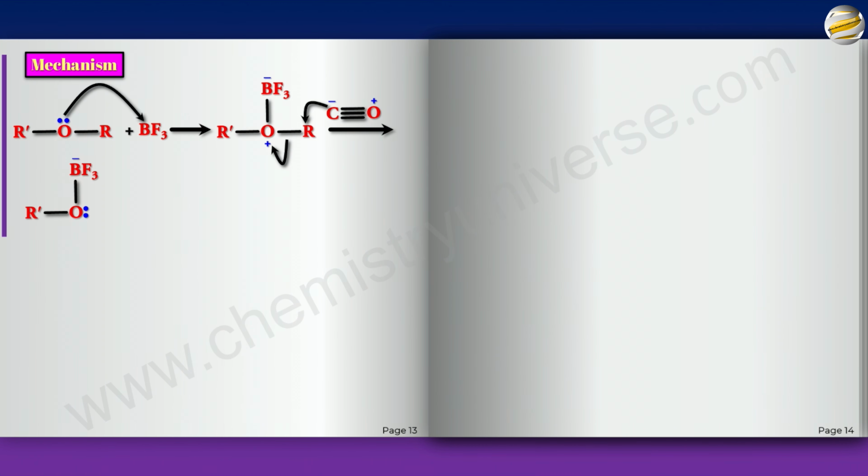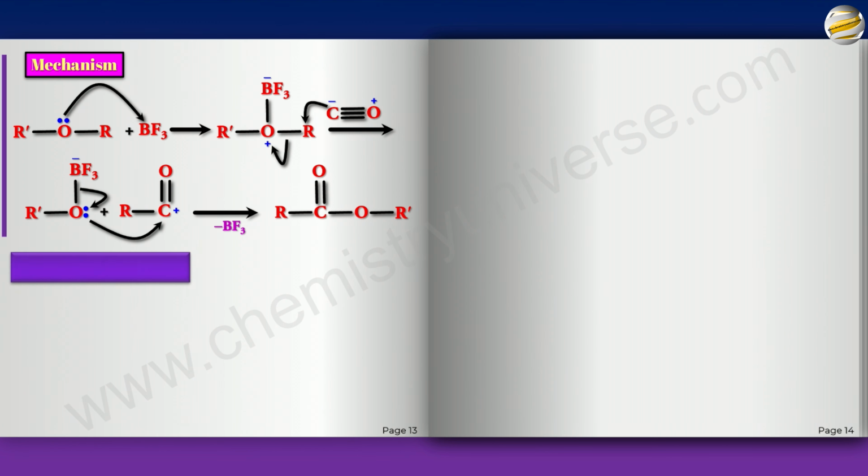You get this and this. Again, you get an acylium ion. And now you'll find this breaking and this O attaching, and you'll get this. So which will be R and which is R prime? That is R which shows better SN1 or better SN2, and the other forms the OR.